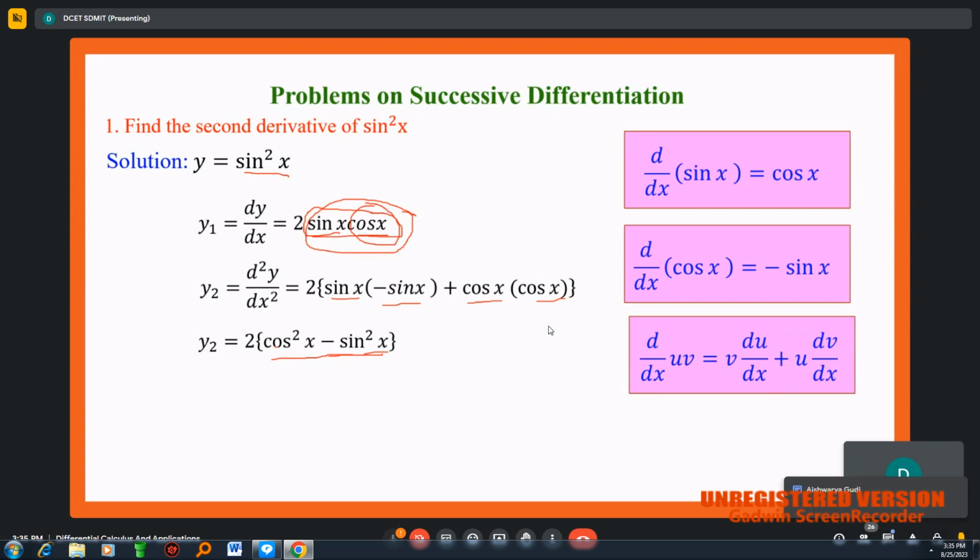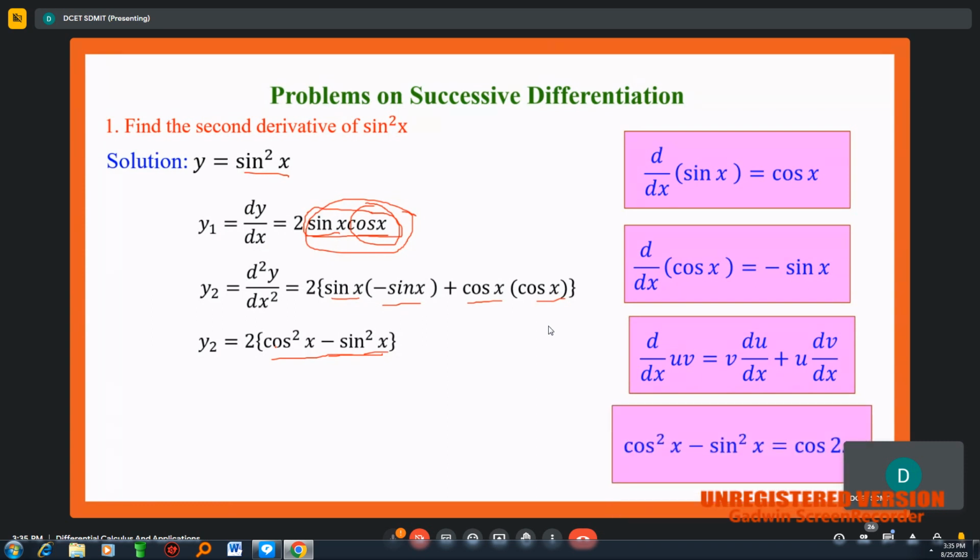It is nothing but cos 2x. That means here we can write y2 is equal to 2 into cos square x minus sin square x, which is equal to 2 cos 2x.